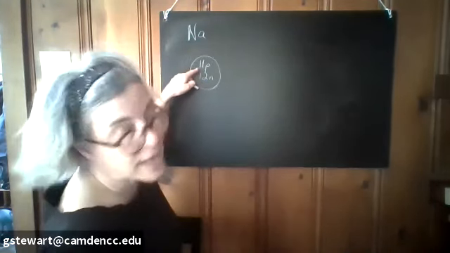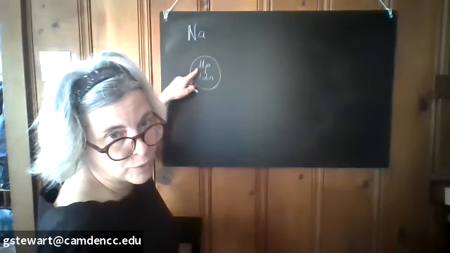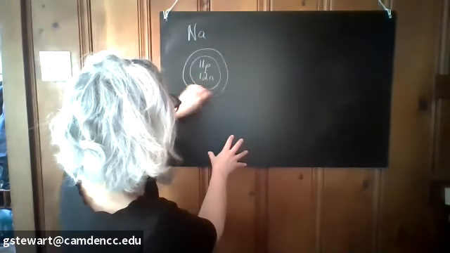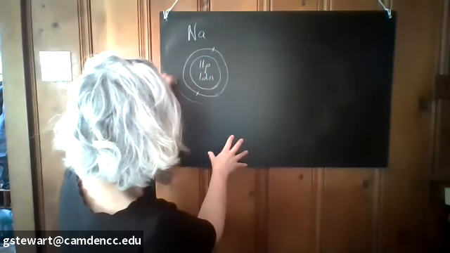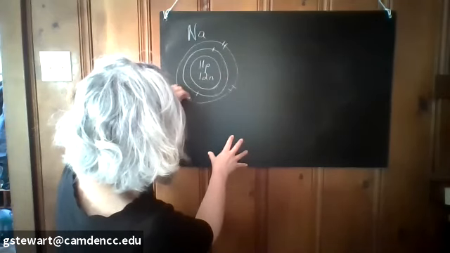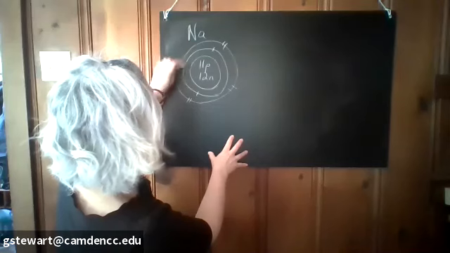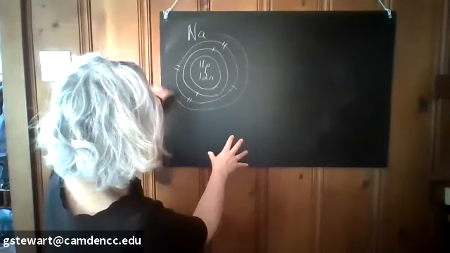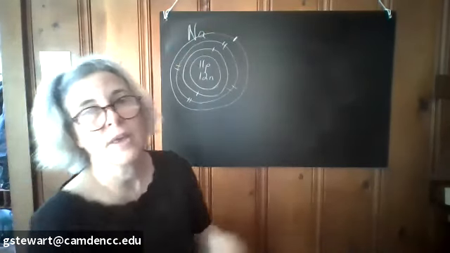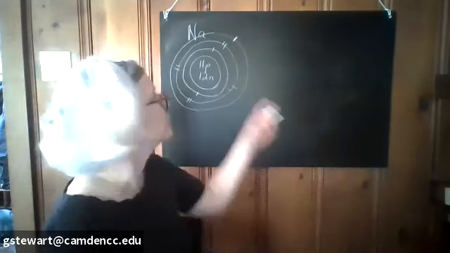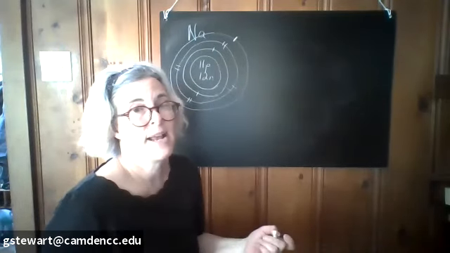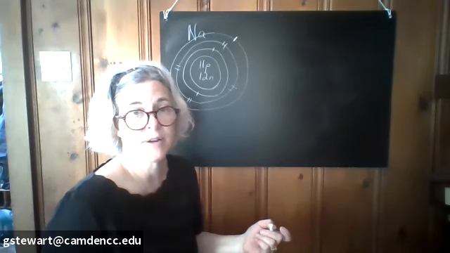And if it has 11 positive charges when it is neutral, it would have 11 electrons. So 2 in the first shell, 8 in the second shell, and that gets me up to 10. And then in the third energy shell, it would have 1 lonely electron out there. The further away an electron is from the positive charges of the protons, the more likely it is that it may or may not stay attached to this particular atom.